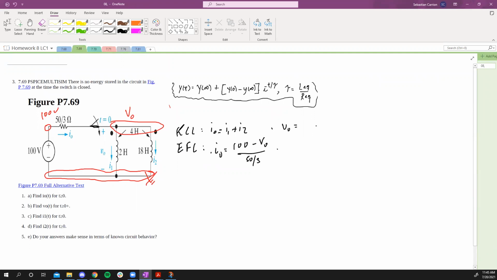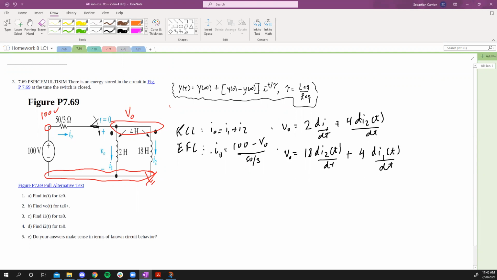V naught is equal to 2 di1/dt plus 4 di2/dt, and V naught is also equal to 18 di2/dt plus 4 di1/dt. Okay. So we're going to keep these equations in mind.